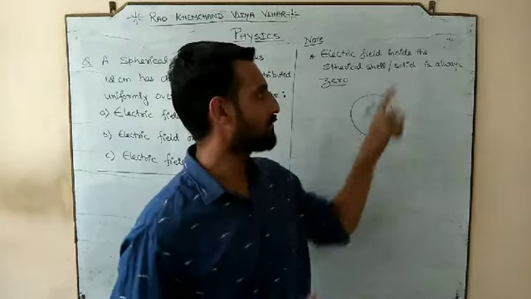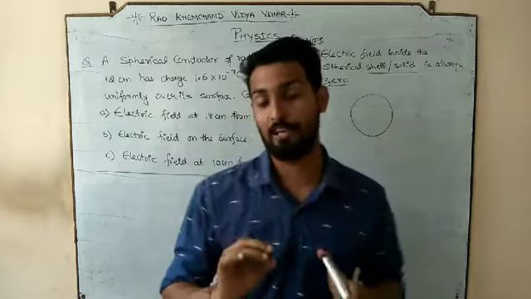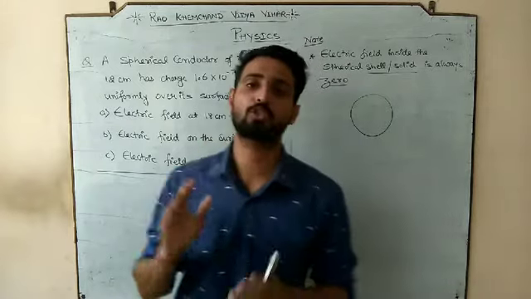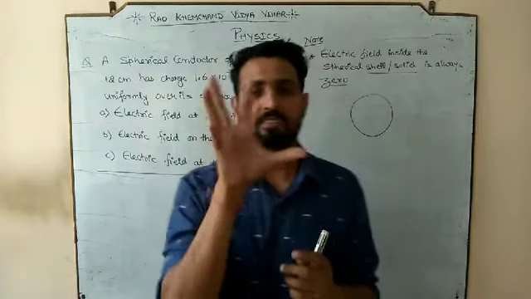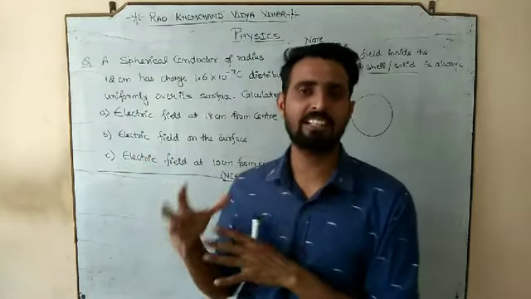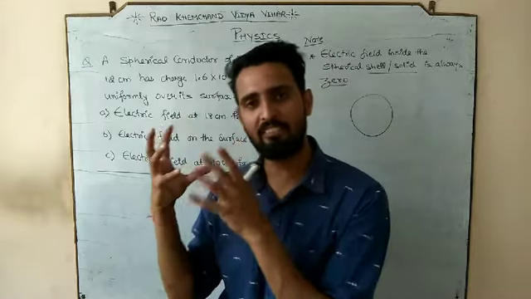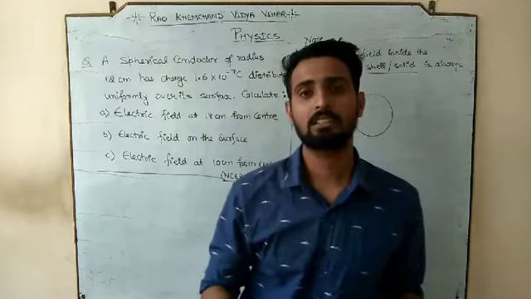But here I have also mentioned one more thing, and that thing is solid. So the electric field due to the solid. What would happen if that spherical body that we have considered, instead of being a shell or hollow, becomes a solid?